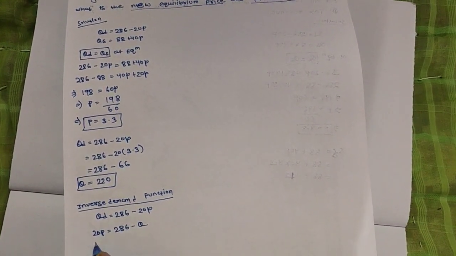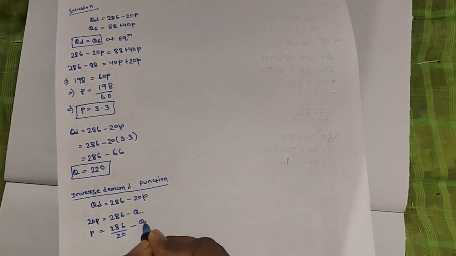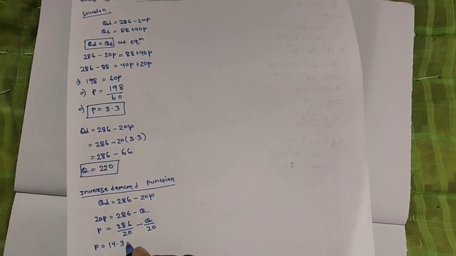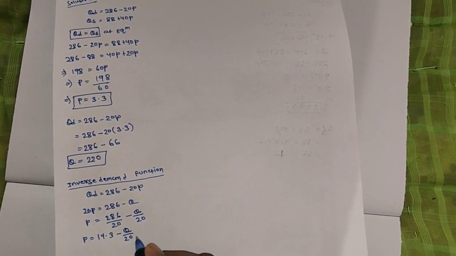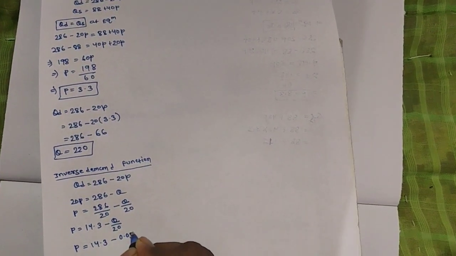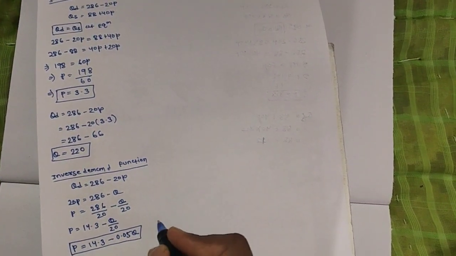Now p equals 286 upon 20 minus q upon 20. Dividing this, we get 14.3 minus q upon 20. So p is equal to 14.3 minus 0.05q. This is the inverse demand function.